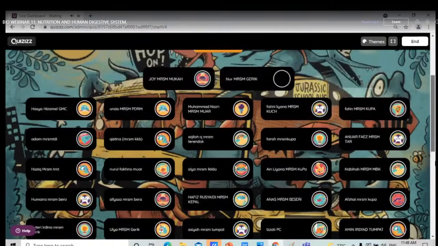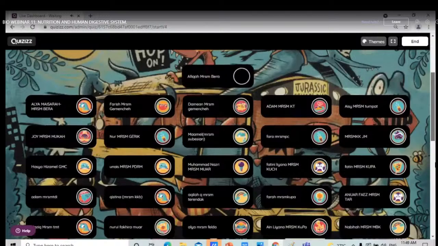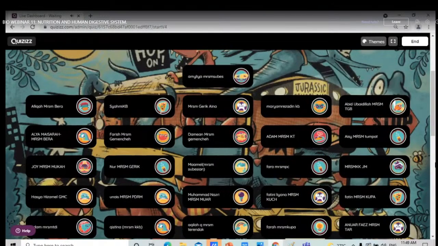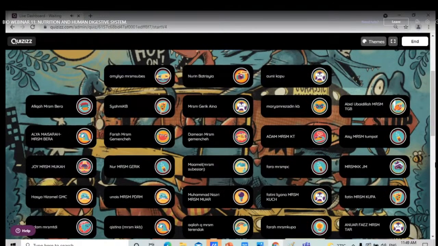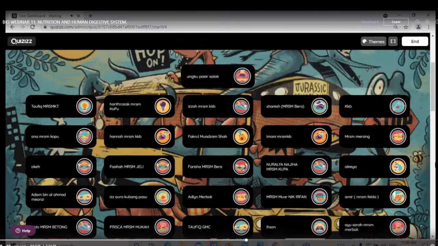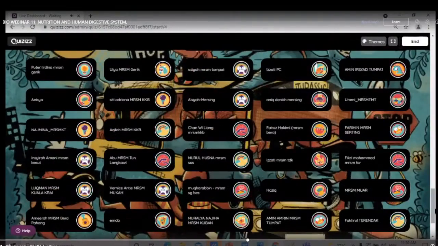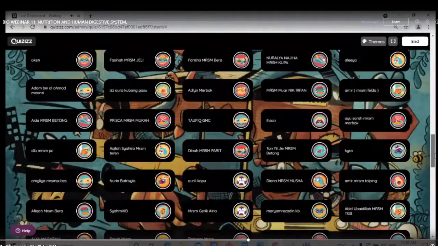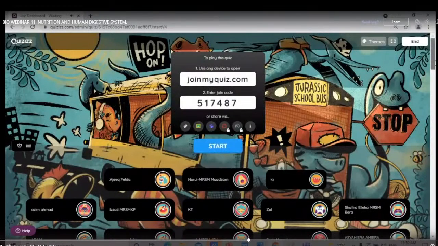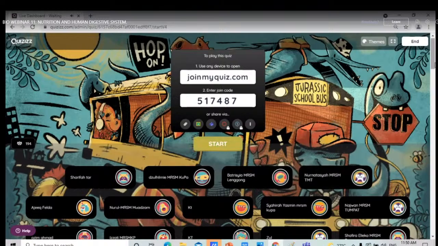Okey, sila join lagi. Kita akan start sekejap lagi bila ramai-ramai dah join. Kita tengok top player daripada wakil MRSM Betung, Tan Yiji. Okey, ada kod dekat atas tu.